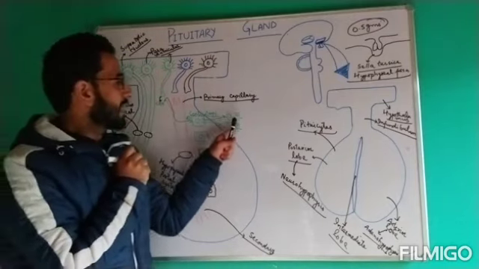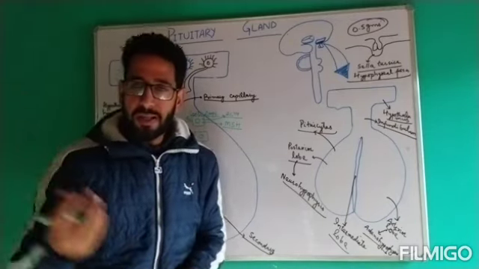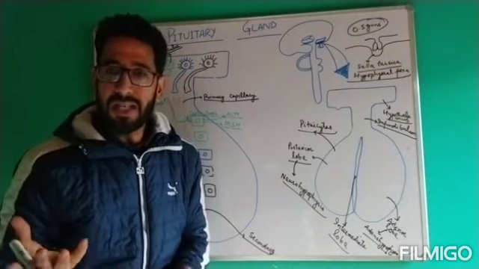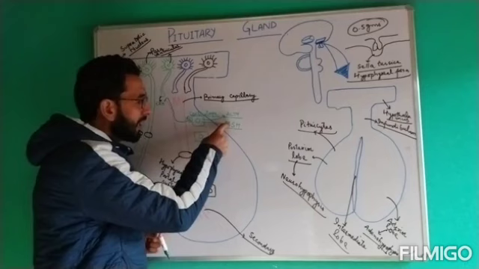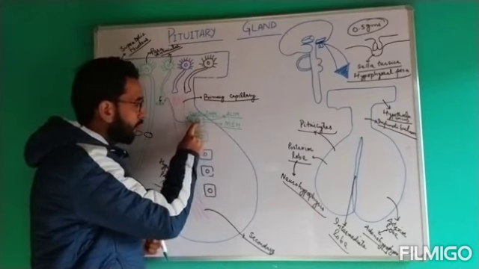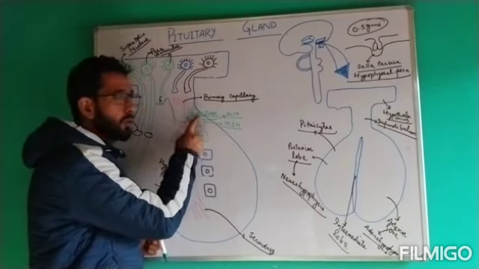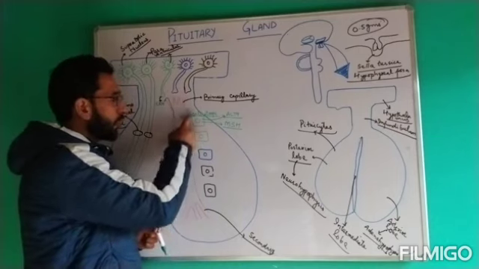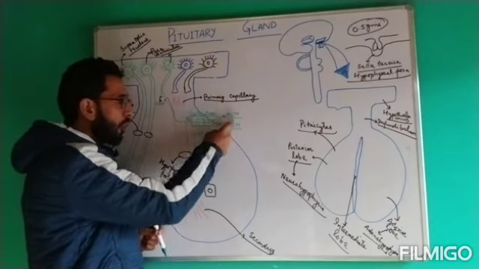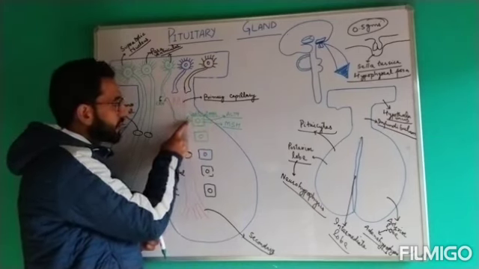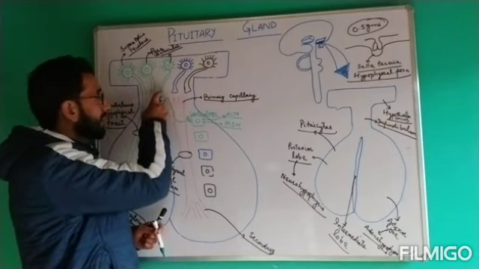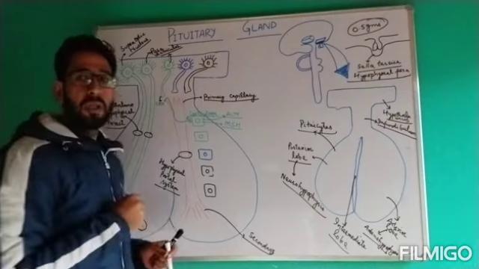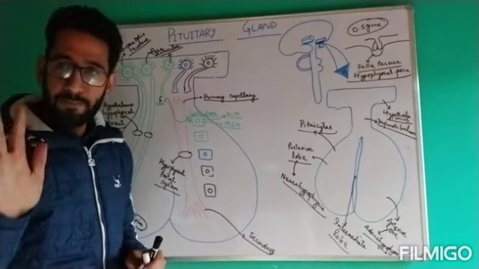Melanocyte stimulating hormone will go and stimulate the melanocytes which secrete melanin. The corticotrope will secrete these hormones only when it is stimulated by corticotropin releasing hormone, which is secreted by the paraventricular nucleus of the hypothalamus.